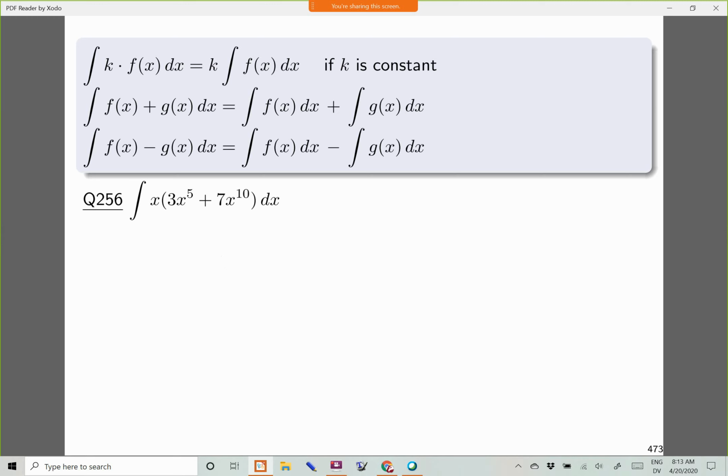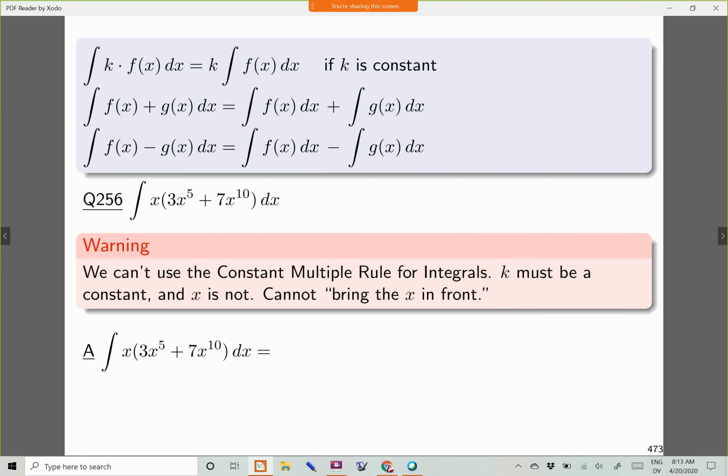A common mistake that occurs in this problem is to try to take this x right here and bring it in front, thinking that it's like this k that's right there, and leaving it just to the left of the integral, right outside the integral. That doesn't work, and the reason we can't use this constant multiple rule for integrals is because you need k to be constant and x is not. x is a variable, so you can't just bring this x in front.